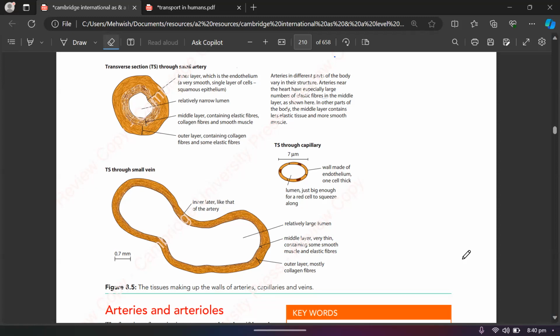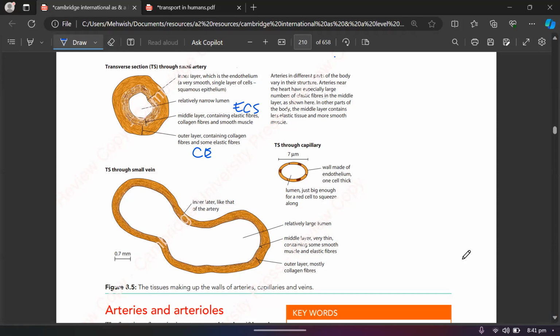And the middle layer is made up of elastic fibers, collagen fibers, and smooth muscles, meaning ECS: E, elastic, C, collagen, and S, smooth muscles. Whereas the outermost lining is only made up of elastic fibers and collagen fibers.